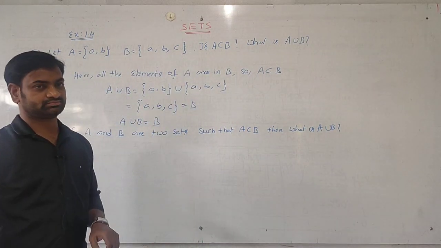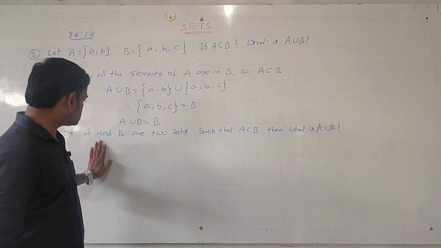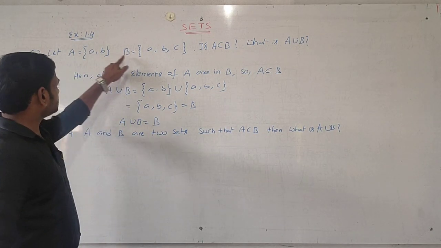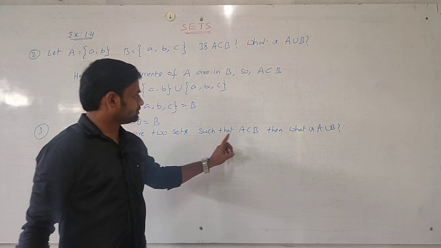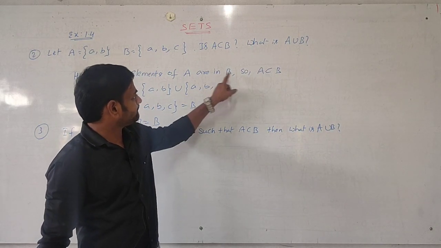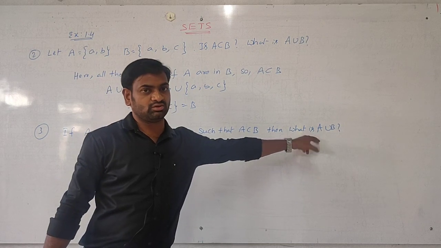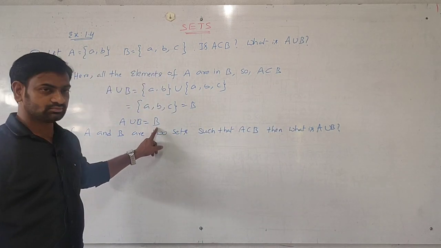See here. The question says A and B are two sets such that A is a subset of B. Yes, it is correct. Then what is A union B? What is the answer? A union B is B.